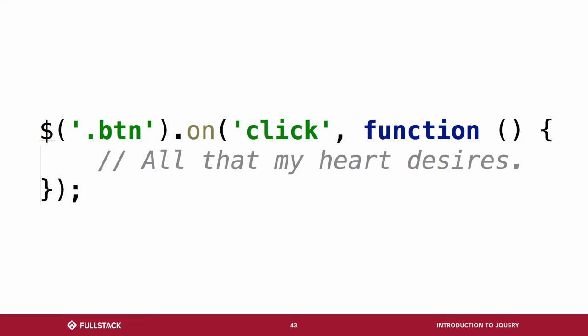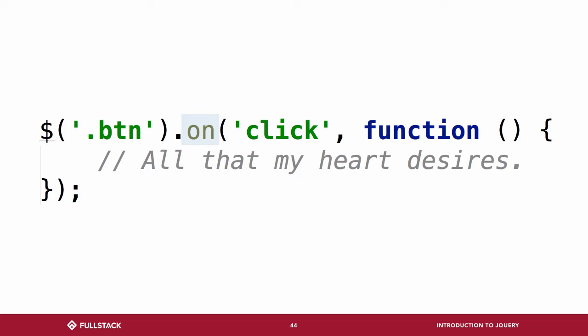So we looked at this before, right? The way that this would read is: find all the elements on the page that have a class of btn and attach this event handler to them. One of the things that we've seen is that what we get back is our DOM element.